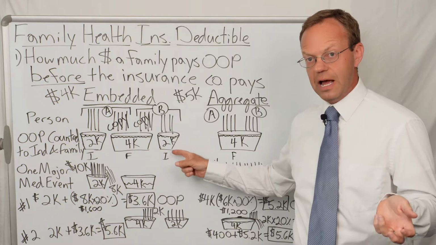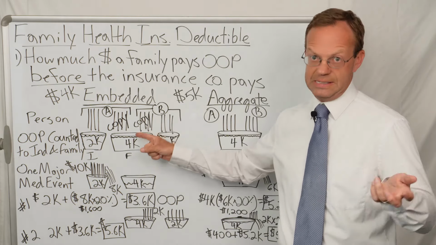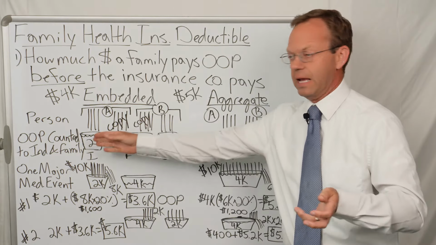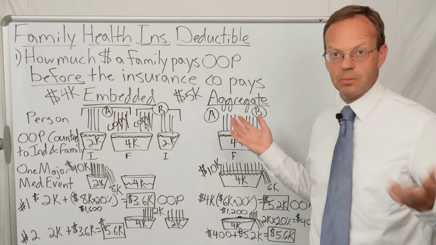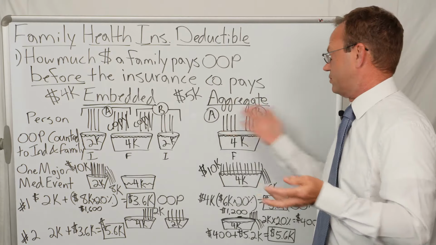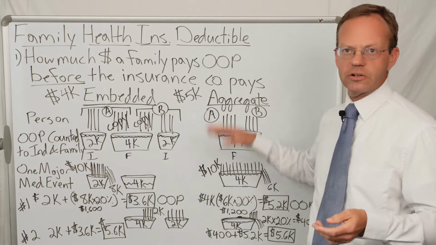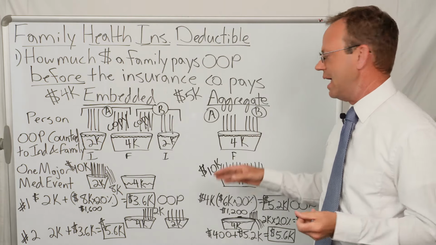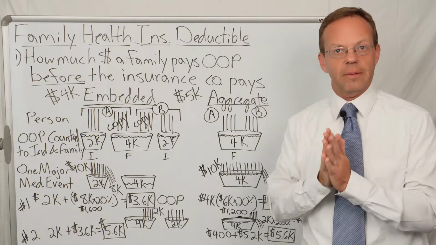You put $2,000 in their individual bucket and then you copy and paste the same $2,000 into the family bucket, and they've met their family deductible. Now, with an aggregate deductible, it's much more straightforward. You might have two people that each have $2,000 worth of medical bills, and all that water just pours down into the same bucket, and once you reach that $4,000, you've met your family deductible.